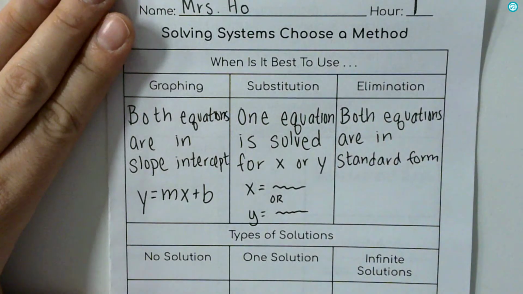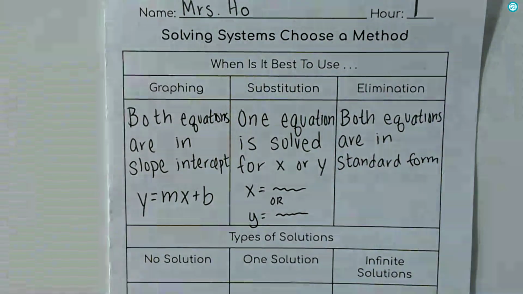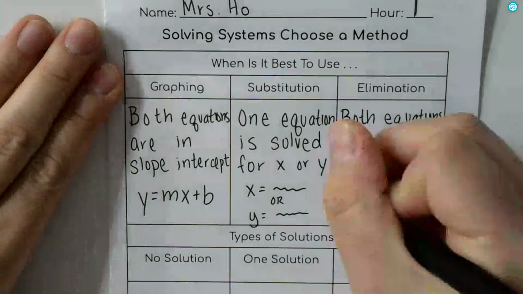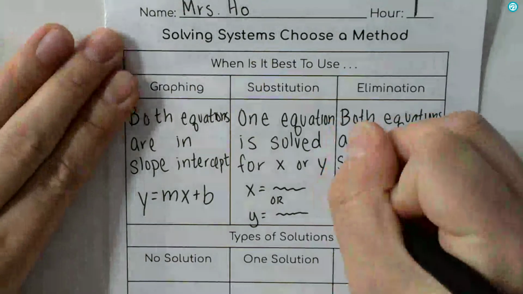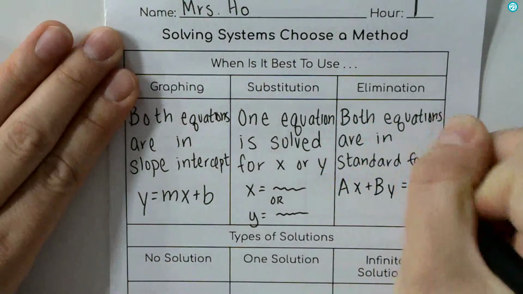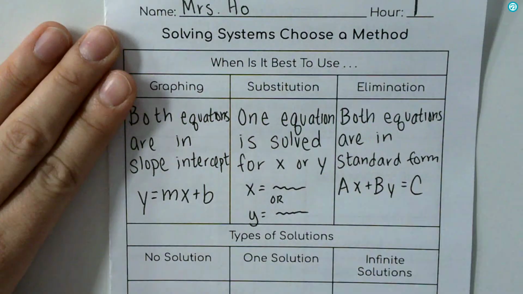So standard form, if we remember back to Unit 2, when we were graphing standard form. Standard form is when x and y are both on the left. So ax plus by equals c. So x and y are both on the left.